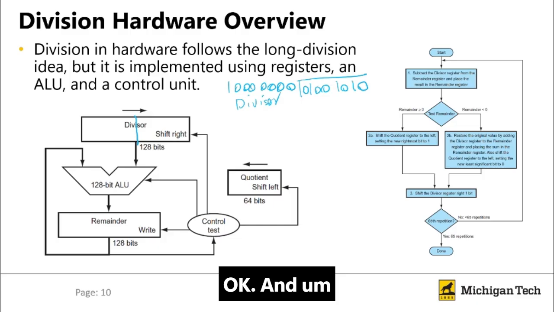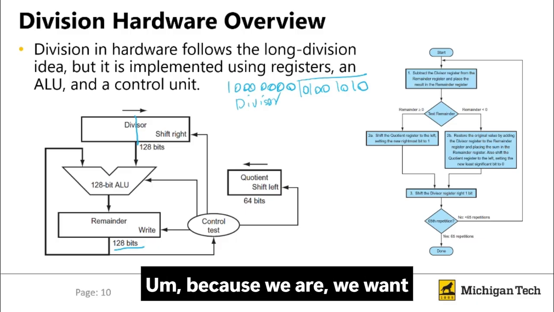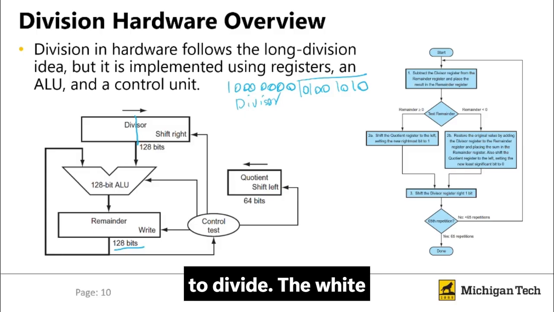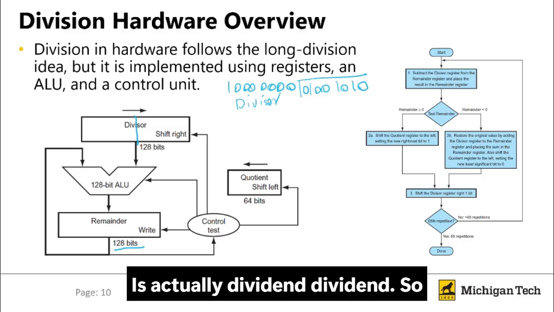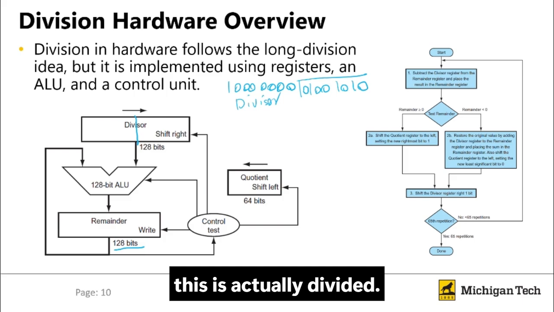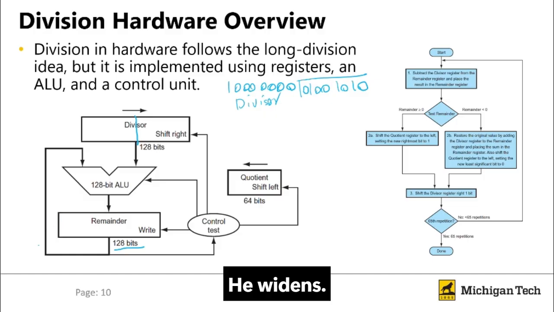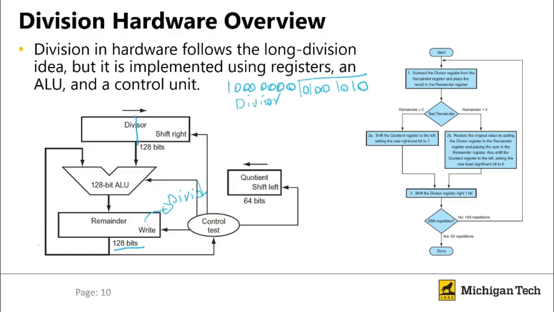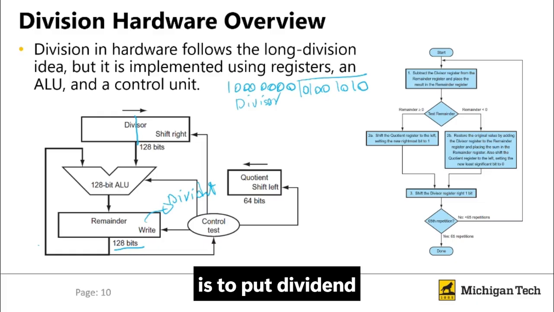The remainder can already be 128 because we want to divide this. This remainder is actually the dividend.